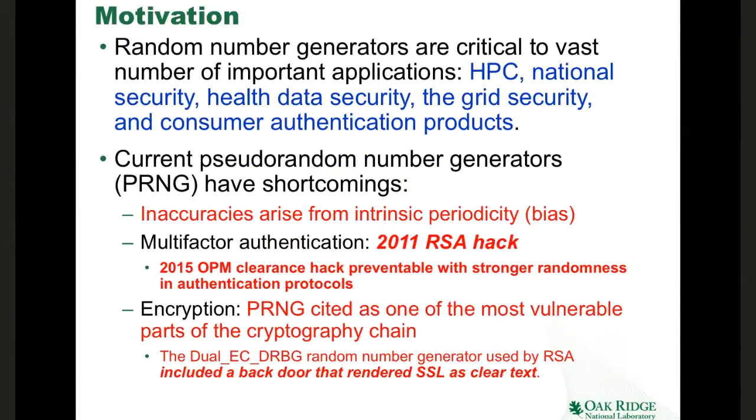Most of them use pseudo-random number generators, and one of the issues with them is intrinsic periodicity. All pseudo-random number generators are periodic, in fact. In principle, you can make the period millions of digits long or trillions of digits long. That's fine. But in principle, all of them have periodicity.